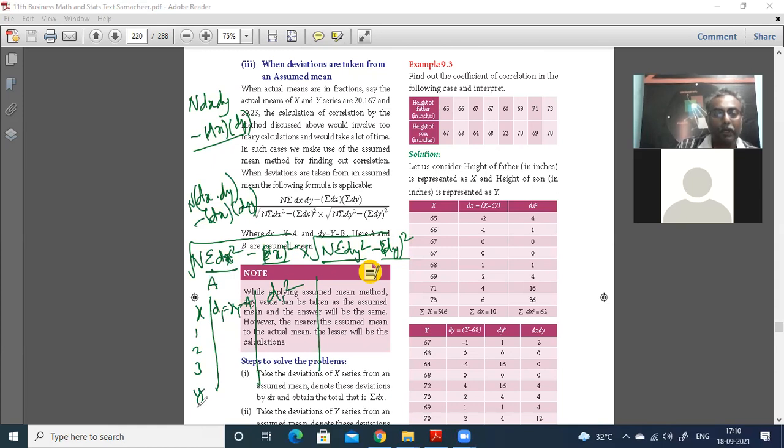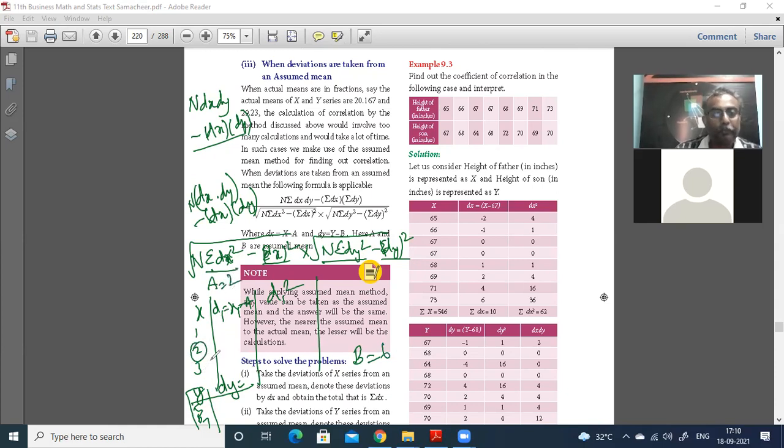Same way, y is equal to 5, 6, 7, like that. That also you can fill. Now for y, d of y, take an assumed mean b this time, which is something in the middle of the set y. 5, 6, 7 means you take b is equal to 6. 1, 2, 3 means you take a is equal to 2 as assumed mean.